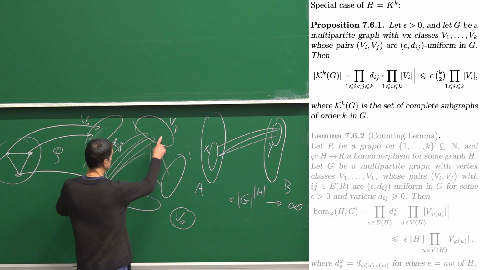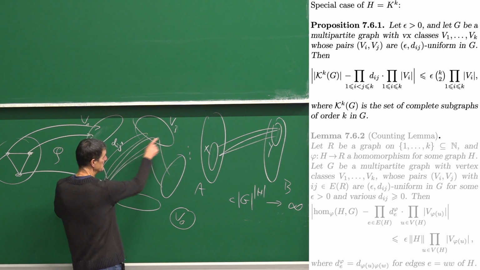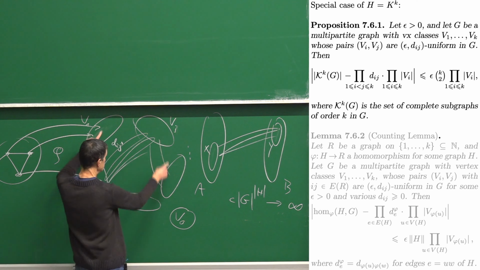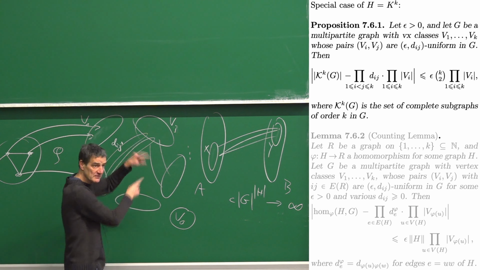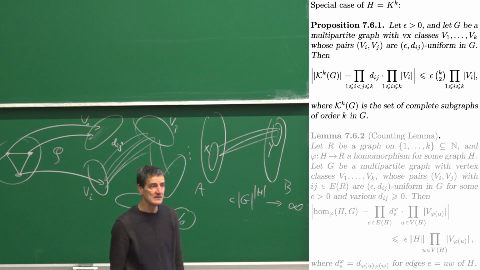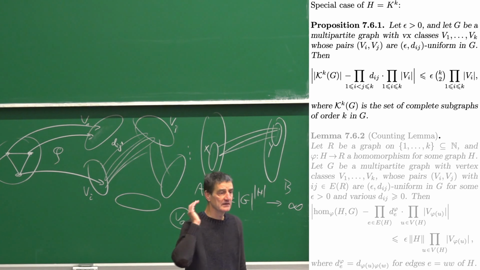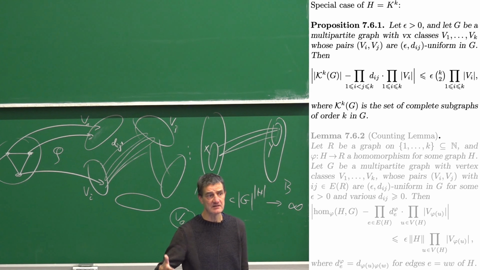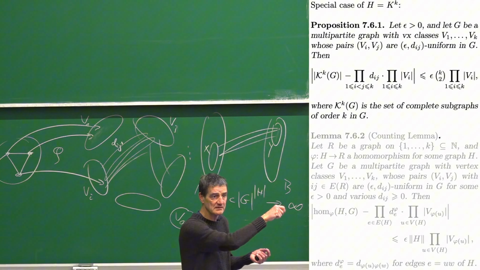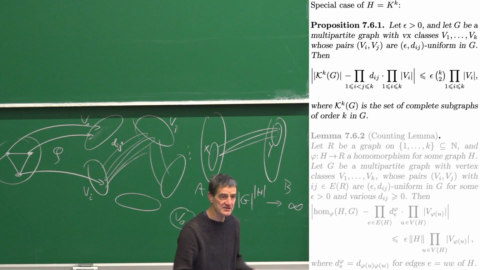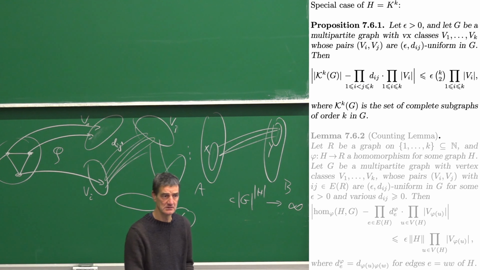And if this probability is Dij, then these pairs exist for the chosen vertices, each independently with probability Dij for the respective pair ij. So the probability that they're all there is the product of all these Dijs.